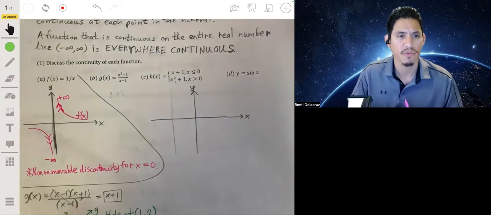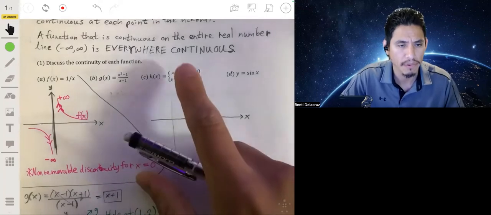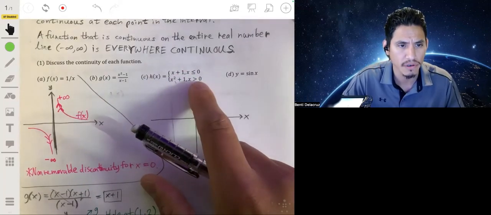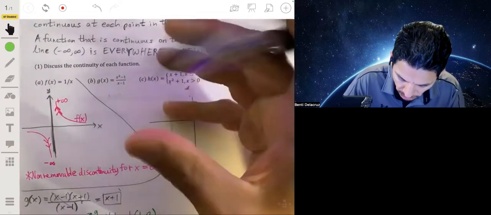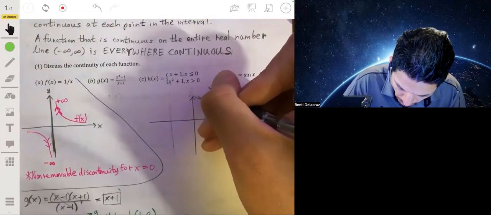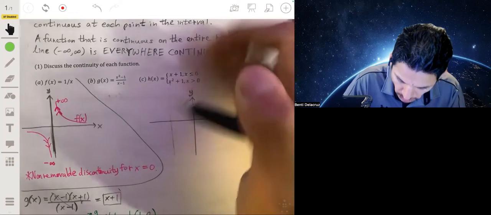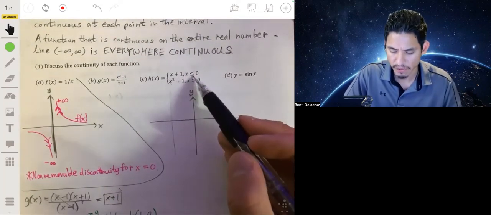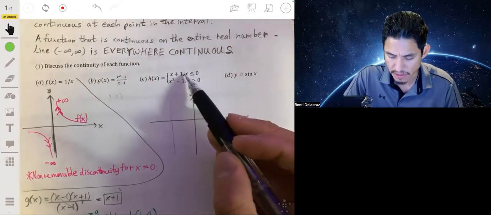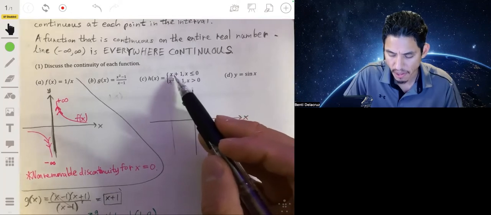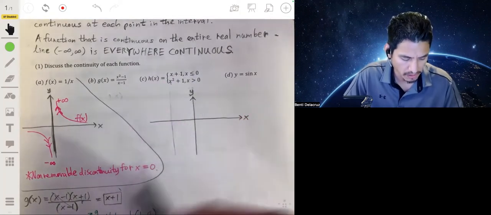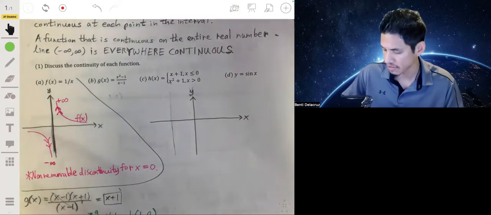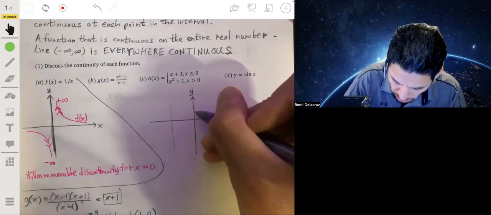All right, so to the right we have that parabola, and to the left of 0 we have a linear equation, a straight line. Now, when we plug 0 in, we're going to use this function, so we're going to have a point at 0, 1.